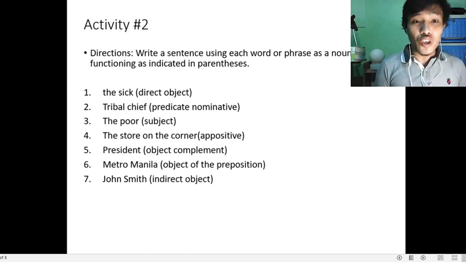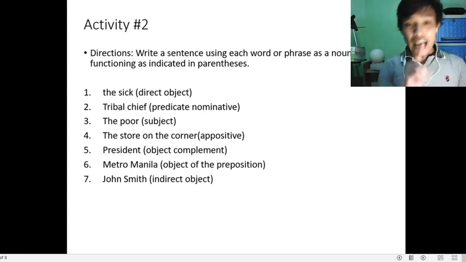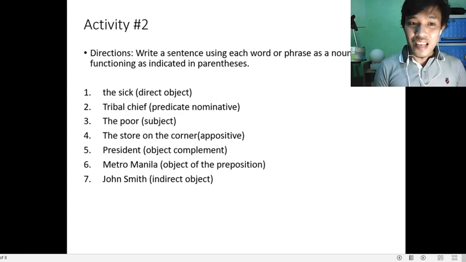Use the poor as the subject. The fourth one, a positive: use that the store on the corner, and use precedent as the object complement. Metro Manila: use that as the object of the preposition. And lastly, John Smith: use John Smith as indirect object.